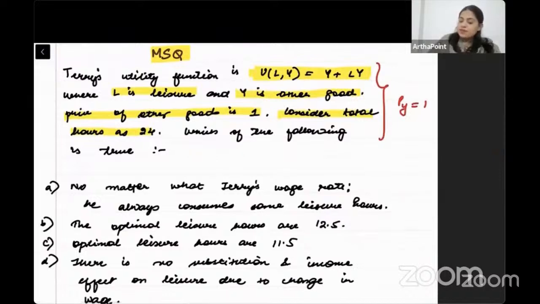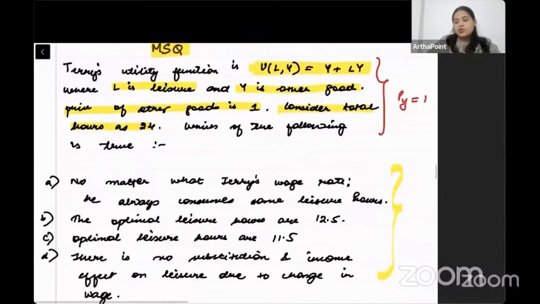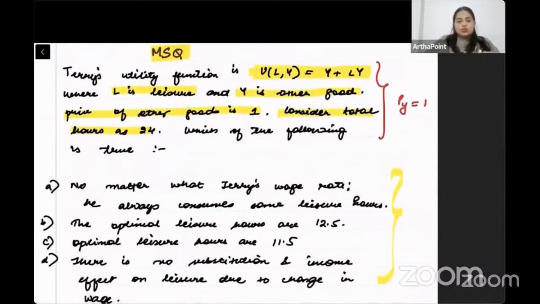It says, which of the following statements is true? Take your time, try to do this. It's an MSQ question. In MSQ, you will only get marks if you answer all the options correctly.